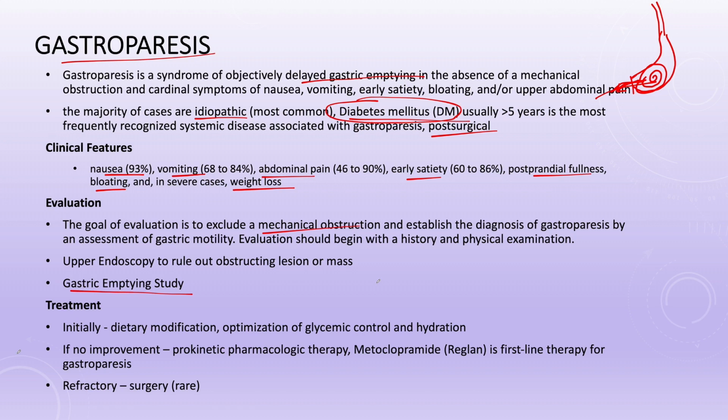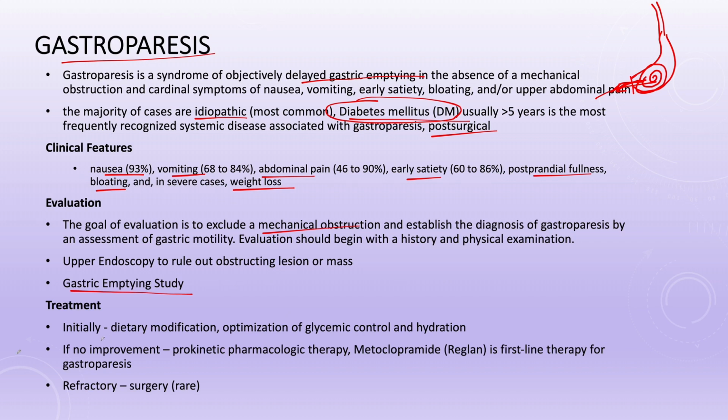It's a nuclear medicine study where they put radioactive material, usually in egg whites, and have the patient eat, and then they scan them at intervals of time. So they scan them right when they eat, then a certain amount of time later, and a certain amount of time later, looking at how much of this material has left the stomach, how much has emptied out of the stomach. And in patients with gastroparesis, you will see delayed gastric emptying.